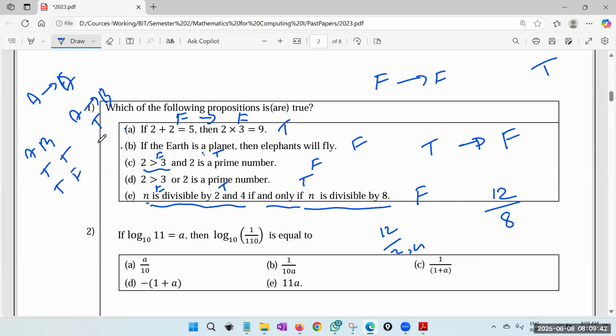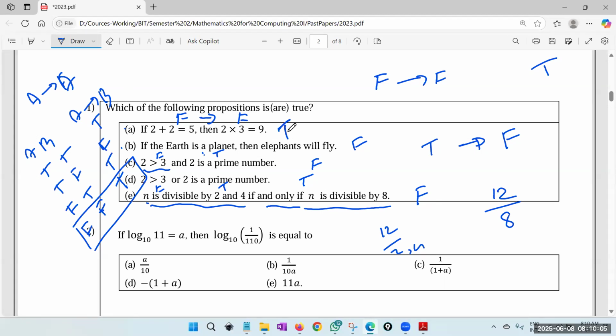True false is false. False true is true. False false is true. So therefore, this is false implies false. False implies false is true according to A implies B logic. So that is why we took this as true. Is it clear?